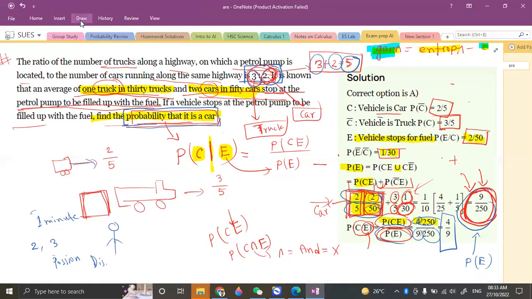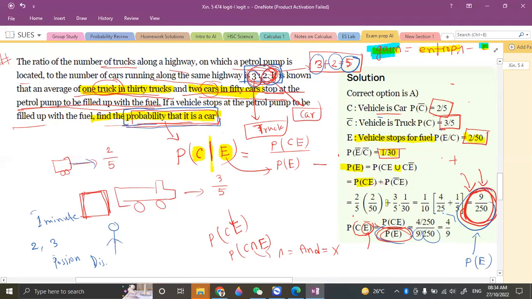Guys, can you follow me? Yes, Omar. Okay, I got it. Then we calculate the parts here and here, and the answer will be 9 out of 250. This result is the probability that the vehicle needs fuel. It can be either car or truck, doesn't matter, but it needs fuel.